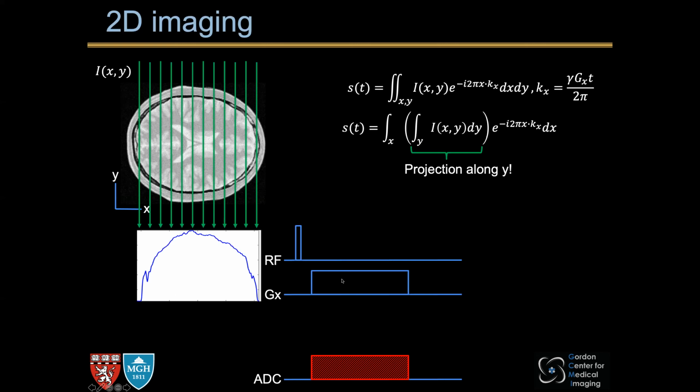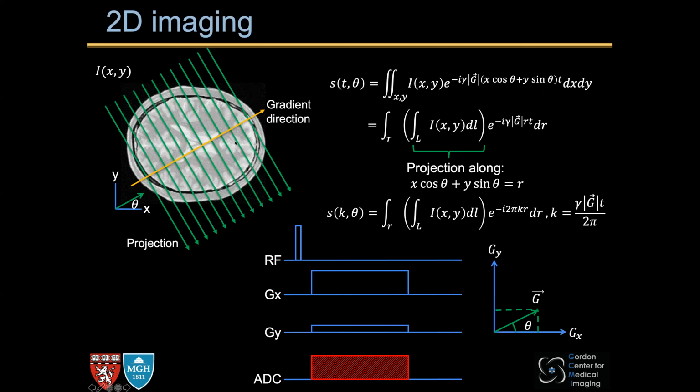Well, it is pretty straightforward from here. Let's rotate this gradient field to different angles and obtain projections along different axes. And then if we repeat this kind of experiment, we have a 2D imaging experiment. Well, how exactly to do that? First, instead of applying gradient only along one direction, we apply gradient in both the x and y axes.